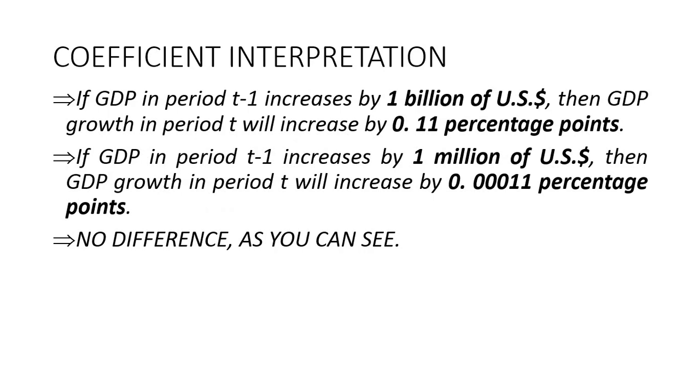What I mean is that stating that if GDP in period t minus 1 increases by 1 billion of US dollars, then GDP growth in period t will increase by 0.11 percentage points, and if GDP in period t minus 1 increases by 1 million of US dollars, then GDP growth in period t will increase by 0.00011 percentage points. It's the same.